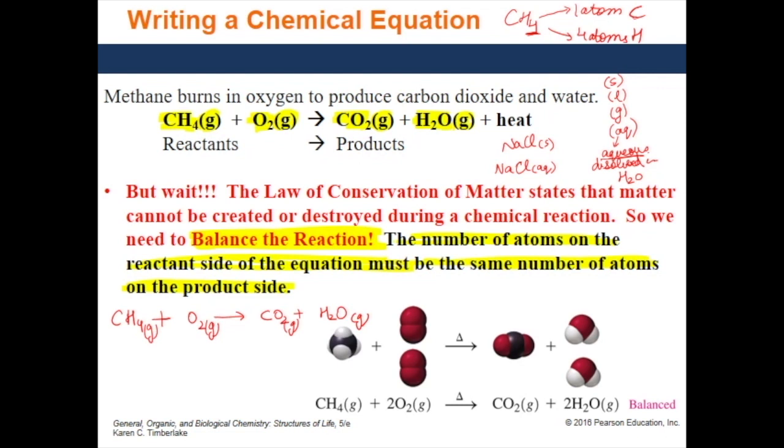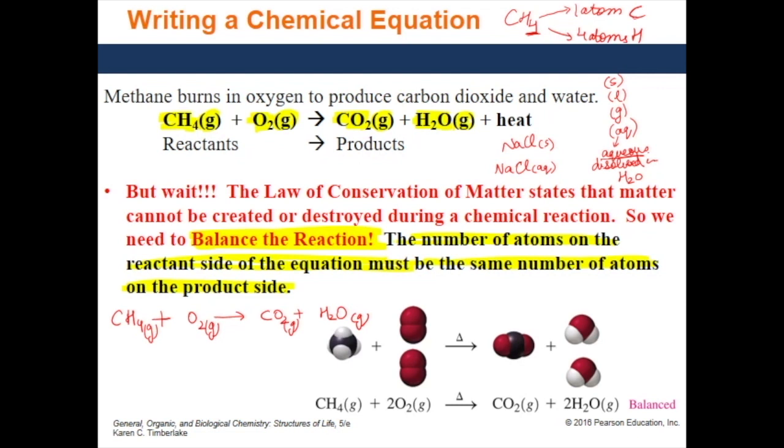How can you identify? You will start working with one atom at a time. Look at one atom and see if it is balanced on the reactant side and the product side. If it is not balanced, then we will change the number in front of that molecule. Remember, whenever we are trying to balance a reaction, you can never change the subscript of an atom. So I cannot add carbons by changing the number 4 here.